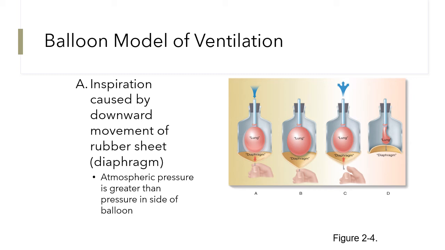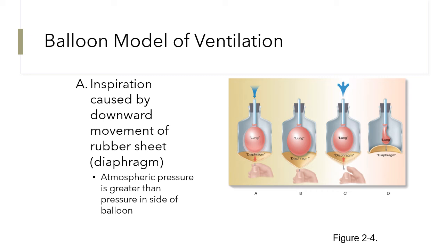So let's talk about first what happens in picture A. To simulate inspiration, the diaphragm is pulled downward, causing the size of the thoracic cavity to increase, increased volume, which in turn causes the pleural pressure to decrease.